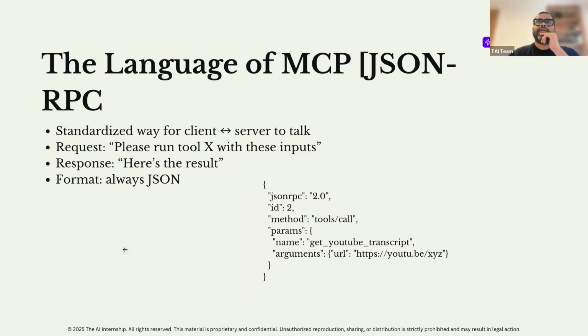The next thing I want to touch upon is the way that MCP servers communicate. It's generally done by a protocol called JSON-RPC, a standard way that clients and servers communicate. Any kind of web-based application can use JSON-RPC. The general idea is that the request would be, please run 2x with these inputs.